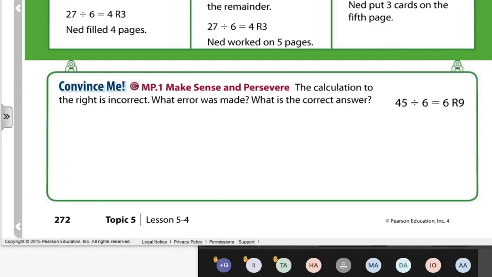Okay, look at the right here. You can see the calculations. And my heroes, it is very important for you to know that in this equation, if you divide 54 by 6, we have remainder 9.